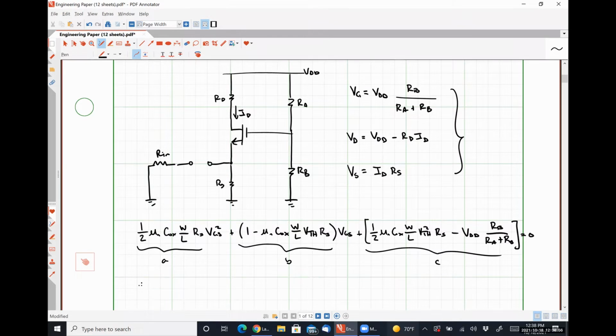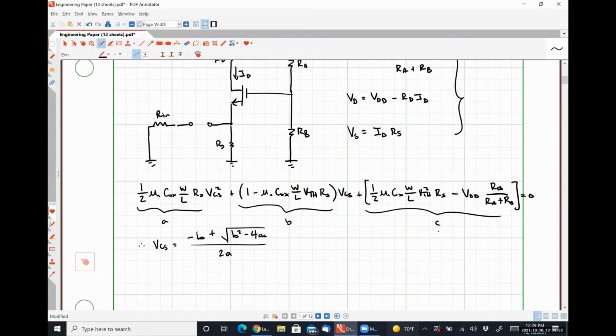And since it's a quadratic system, we could say that VGS is negative B plus the square root of B squared minus 4AC divided by 2A, where I'm throwing away my negative solution because that one will never make the transistor turn on, so it doesn't do anything for us.